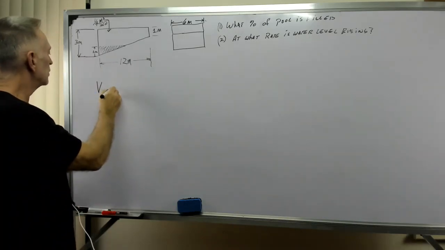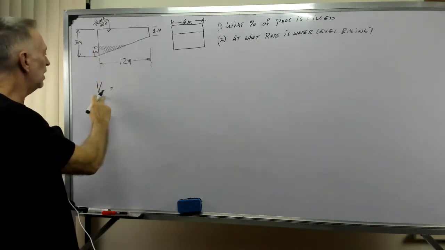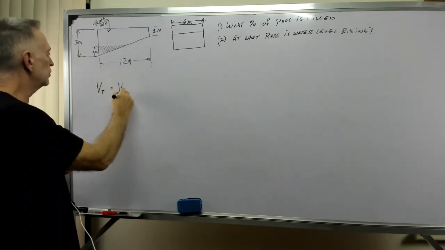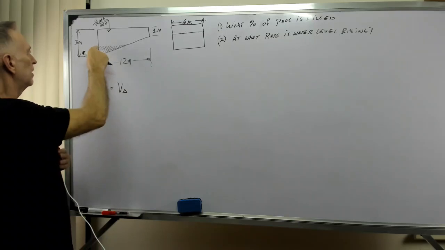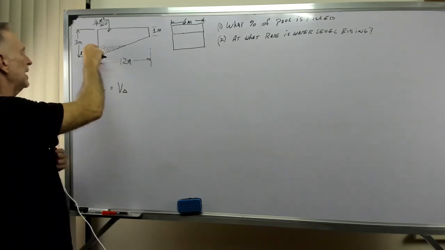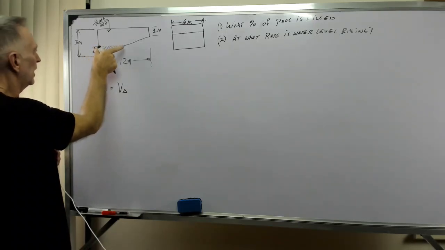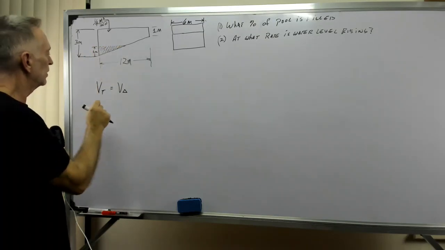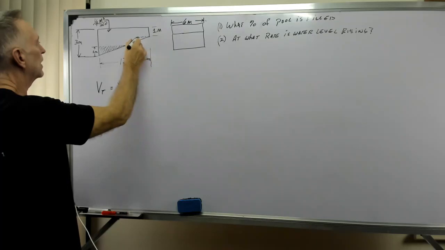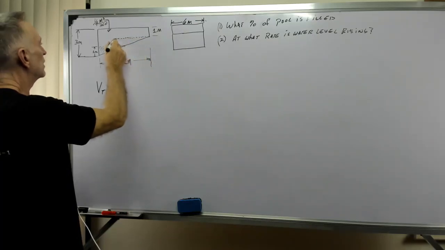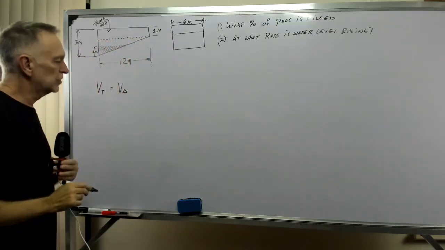Okay, so the total volume would be associated with the volume of that triangle. I'm going to call this the base of the triangle, and then we have this length of it. Well, that's of the water. All right, let's think about this. Let's divide this into different sections.